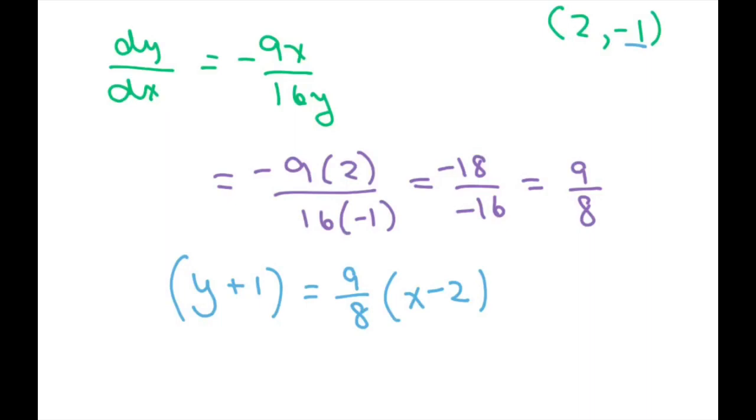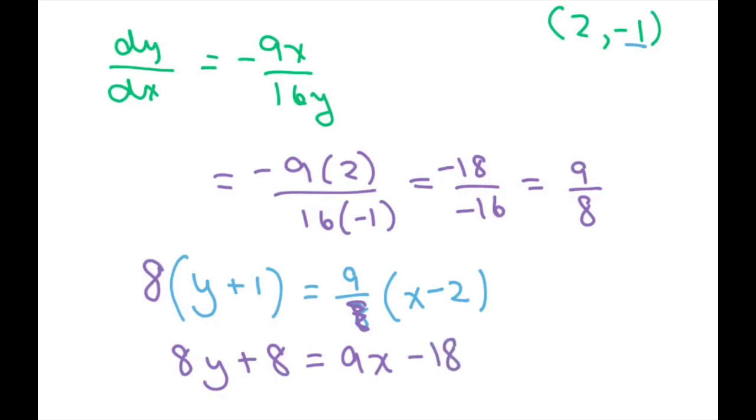So we're going to multiply everything through by 8. If you multiply this through, the 8 will go away. So we're going to get 8y + 8 = 9x - 18.